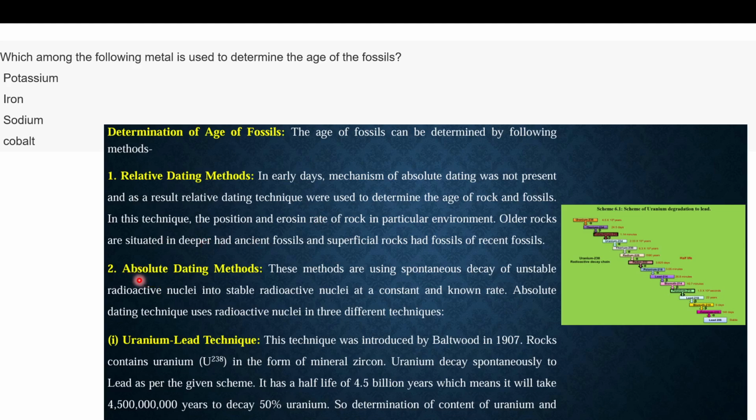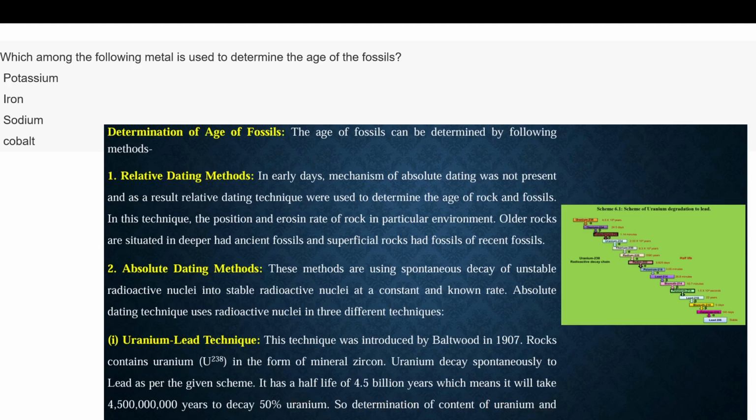But if we talk about the absolute dating methods, these use the spontaneous decay of unstable radioactive nuclei into stable nuclei at a constant and known rate. There is the uranium-lead technique, where rocks containing uranium decay spontaneously to form plumbum, or lead, and the half-lives can be calculated.